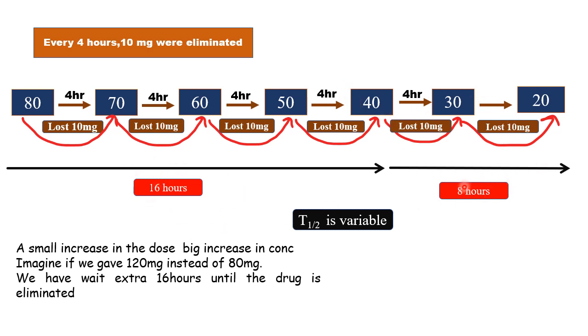Here 40 to 20, 8 hours. See, that's why T half is variable. A small increase in the dose, big increase in the concentration. For example, imagine we gave 20 mg instead of 80 mg. We have to wait an extra 16 hours until the drug is eliminated here.